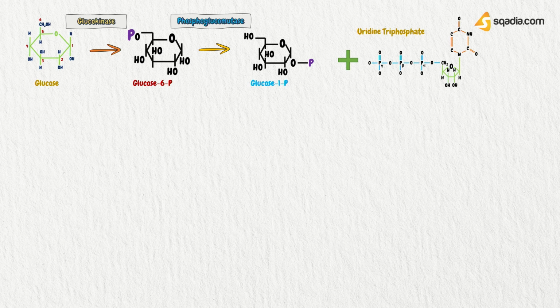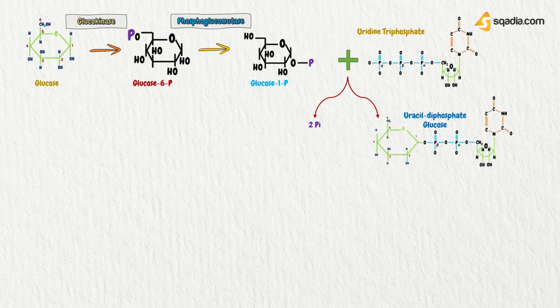When it reacts with the glucose 1-phosphate, 2 phosphate groups will be removed. One will be removed from the first position of glucose, and the second one will be removed from uridine triphosphate. Now, both of these molecules will combine and form uridine diphosphate glucose, which means there is addition of uridine diphosphate to glucose.